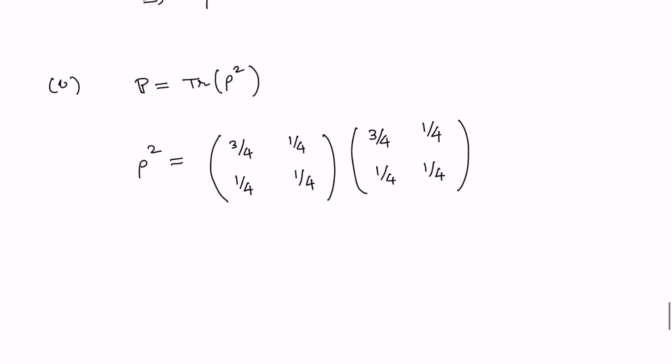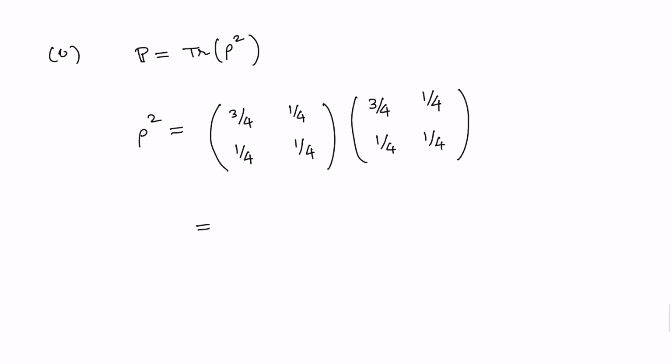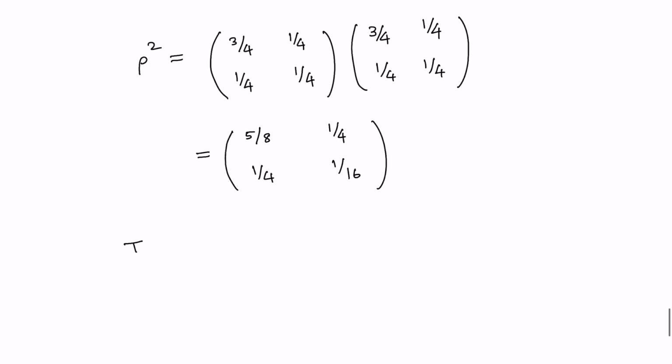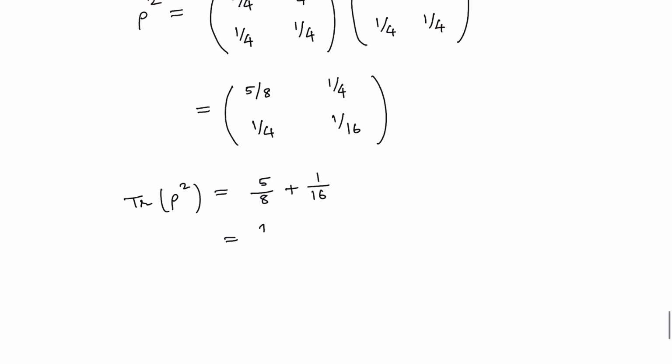If you do the mathematics, let me just write down what you should get finally. Simple matrix multiplication, you will have 5/8 1/4, please verify yourself, 1/4 1/16, and this is what you have. Now what about trace rho squared? Sum of the diagonal elements, 5/8 plus 1/16, this is going to give you 11/16.